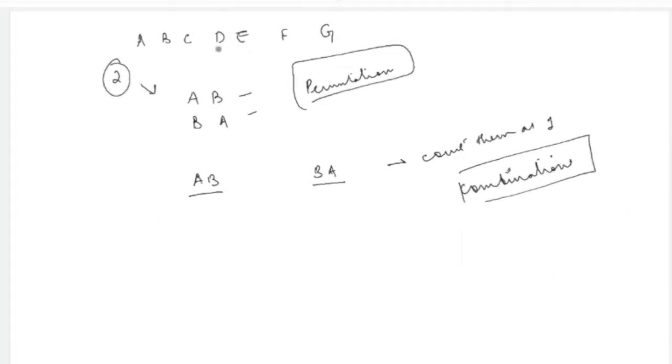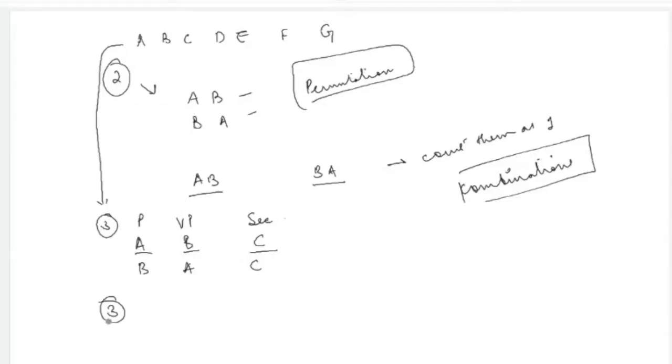So suppose you have these 7 individuals A, B, C, D, E, F, G, and you want to select 3 individuals out of them. Suppose you want to select a group of 3 people who you want to send to some competition. तो आपको basically इन 7 individuals में से 3 ऐसे students या individuals pick करने हैं जिनको आप further एक competition में भेजोगे, where it doesn't matter whether you are selecting individual A first or B first.